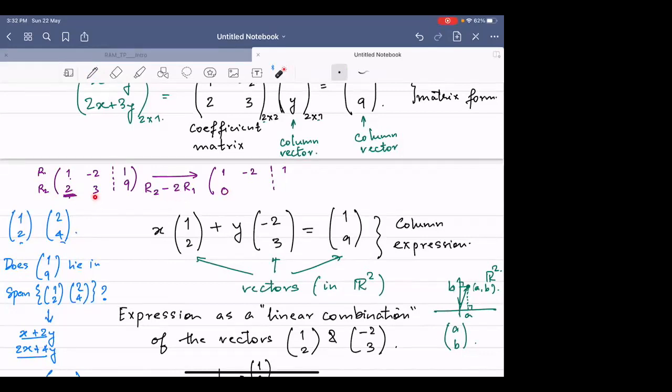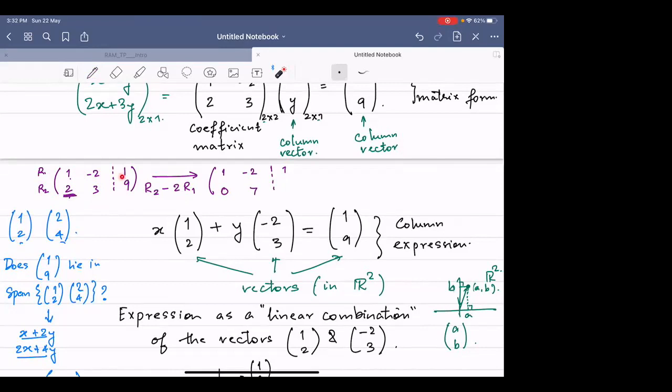Now I apply the same operation here. So 3 minus 2 times minus 2. What is that going to give me? That's 3 plus 4, which gives me 7. The same operation I have to apply here: 9 minus 2 times R1.